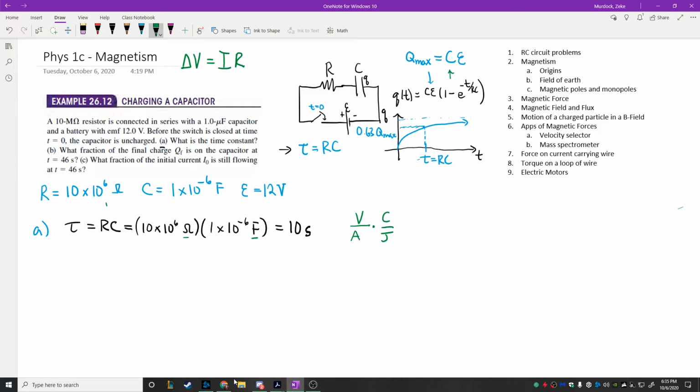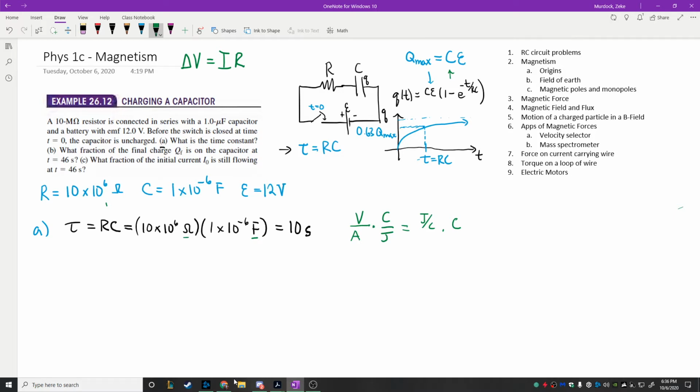Resistance is volt over amp. Coulomb over joule. Okay. This is going to work out. A volt is a joule per coulomb. Wait a second. A farad is coulombs divided by joules. Yeah, looks right.